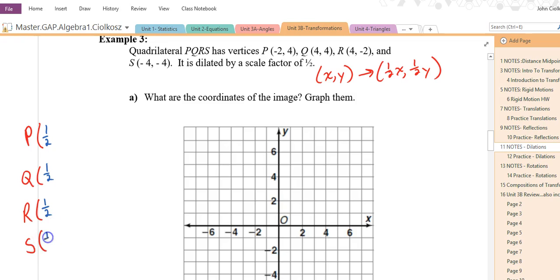So I'm going to throw that in blue, and I'm going to keep my original stuff red. So my original points here are negative 2, 4, 4, and negative 4. So here, you might be writing this work up a little differently. I just want you to see where I'm multiplying those 1/2s real clearly here.